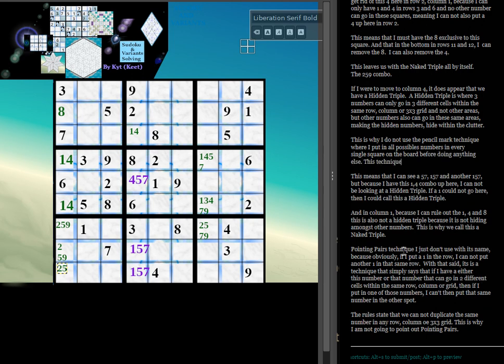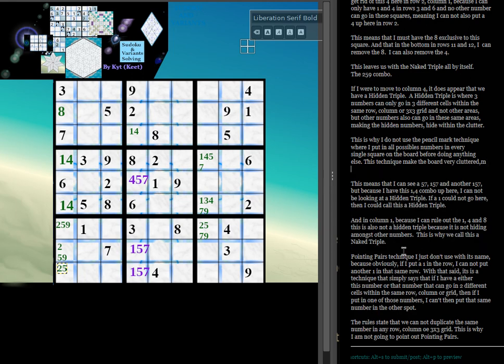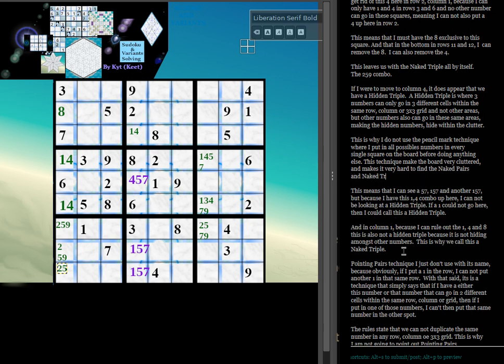This technique makes the board very cluttered and makes it very hard to find the naked pairs and naked triples we are looking for.